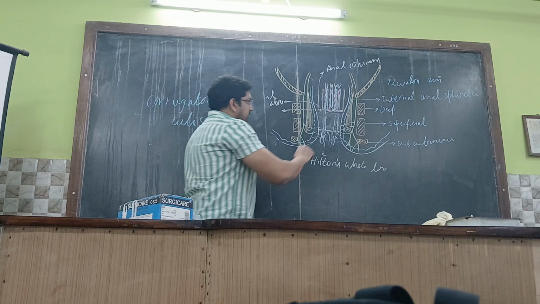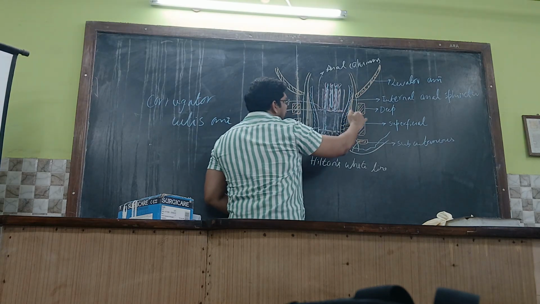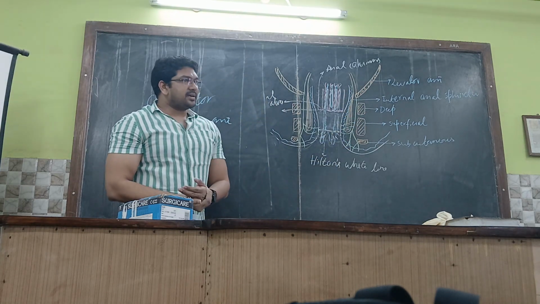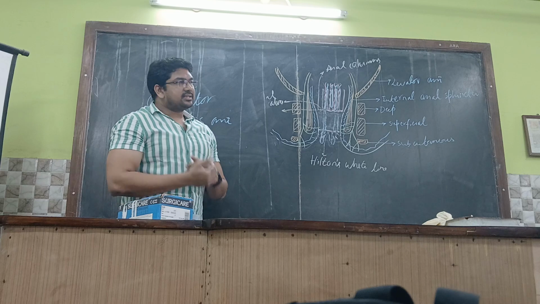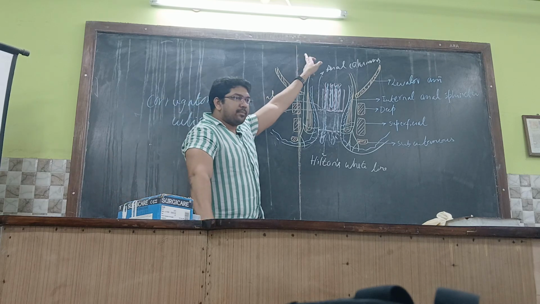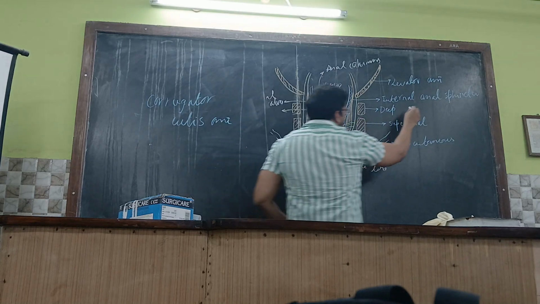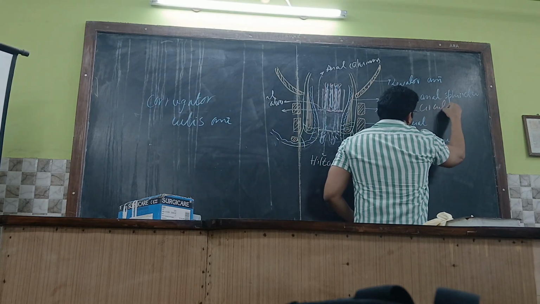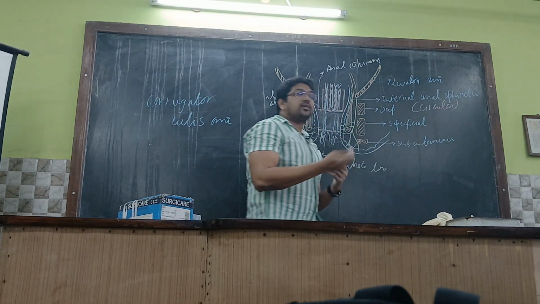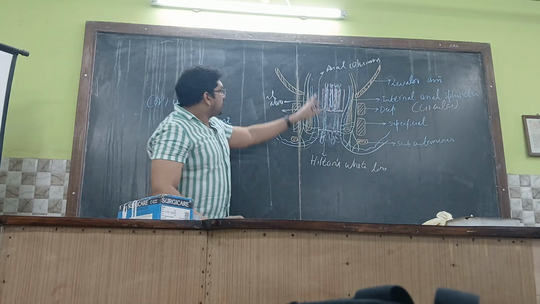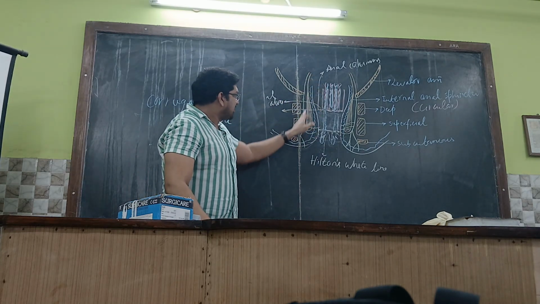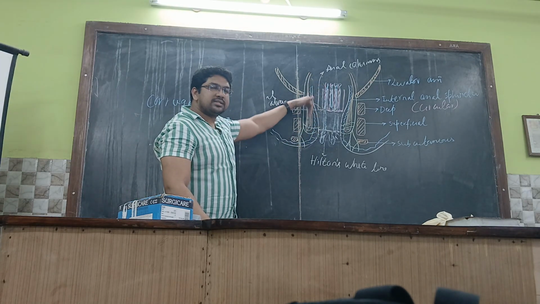Okay. First of all, this internal anal sphincter is derived from the hypertrophied circular muscle fibers of the rectum above. Getting it? So the internal anal sphincter is derived from the circular muscle fibers of the rectum above. From there, it hangs downwards into the mucosa of the anal canal.